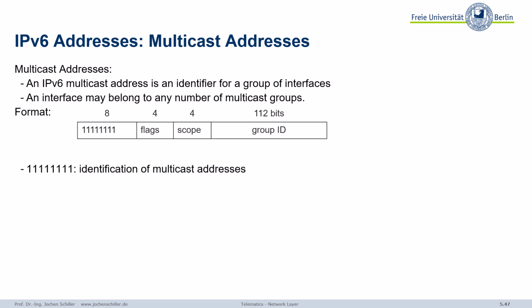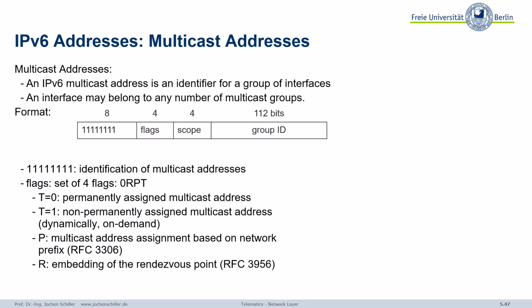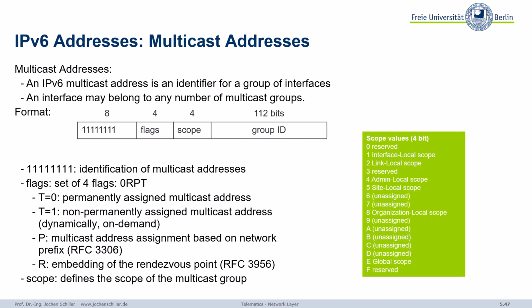You identify with the first bits, the 8 ones, that this is a multicast address, and then you have certain flags, and the flags tell the type of multicast: permanent, non-permanent, dynamic, etc. What is quite important for multicast is the scope. That means how far this multicast packet should be sent or forwarded.